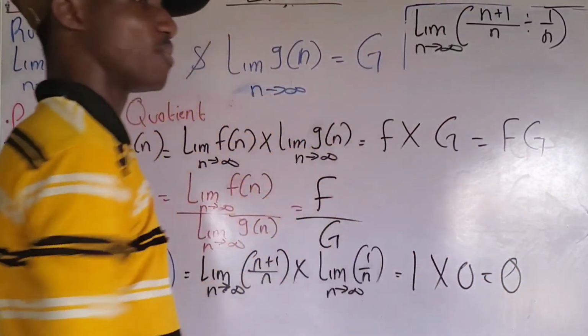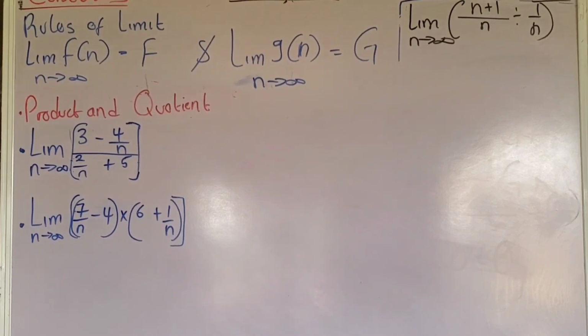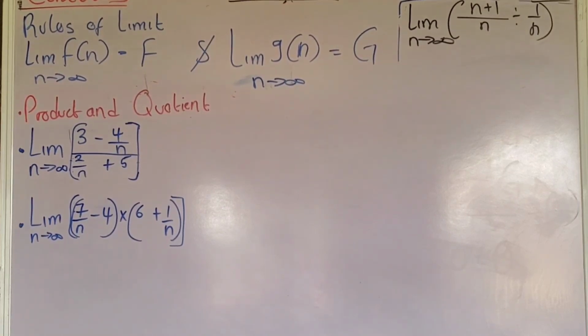What will be the limit of this function? When you are done, you can drop your answer in the comment section. The final answer is 1 over 0, and 1 over 0 is undefined.